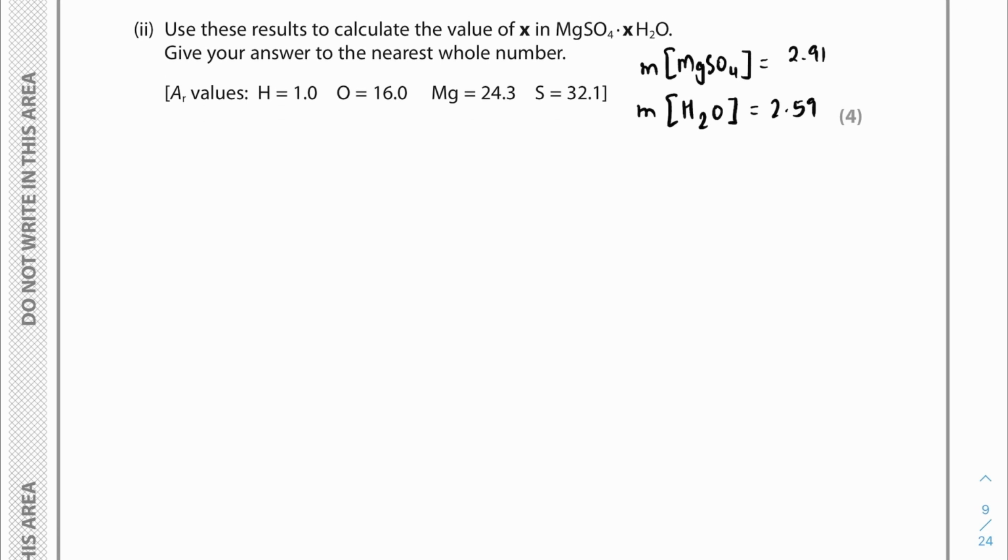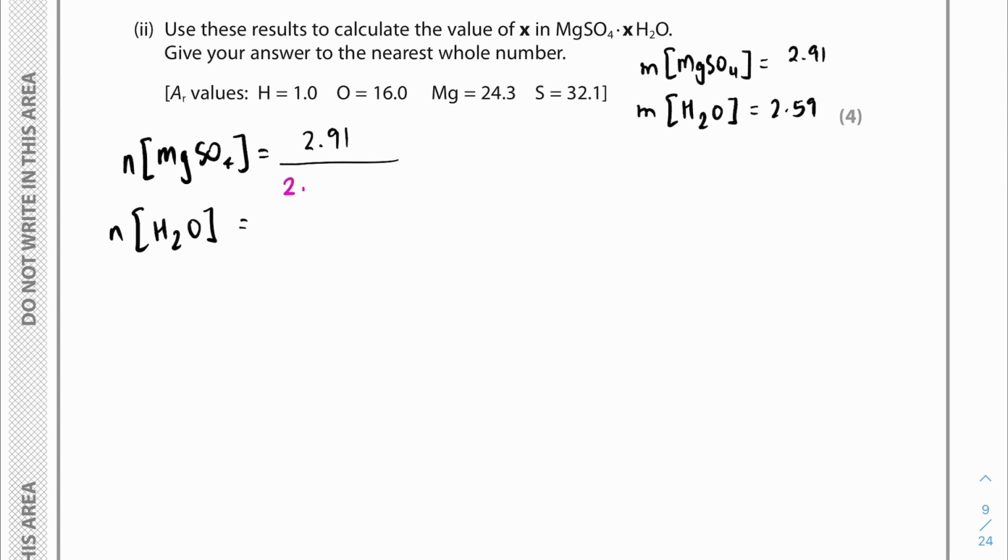Okay, so let's work out first the moles of MgSO4 and compare it to the moles of H2O. That sounds simple enough. So the mass we got is 2.91 of MgSO4 all over the Mr of MgSO4.